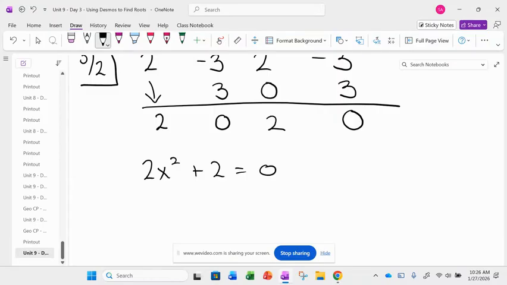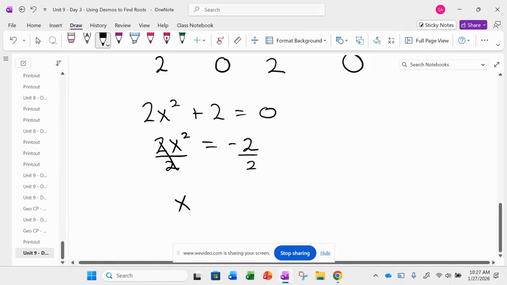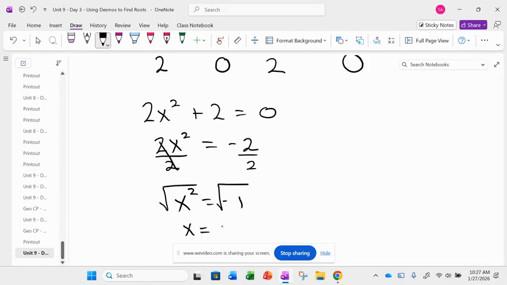There's no factoring this. There's no point in using the quadratic formula. What can I do here? I can just solve. So I'm going to have 2x squared equals -2. Divide by 2. X squared equals -1. Square root both sides. X will equal plus minus i.